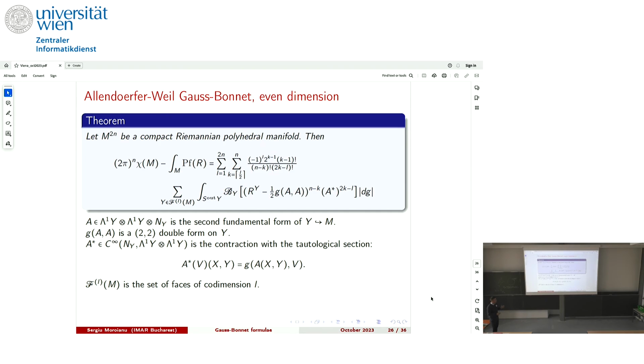And the integrals are of some locally computable quantities in terms of the metric, the intrinsic curvature, and the second fundamental form. So they are just local ingredients for each face. Okay. So in principle, the formula is hard to use.